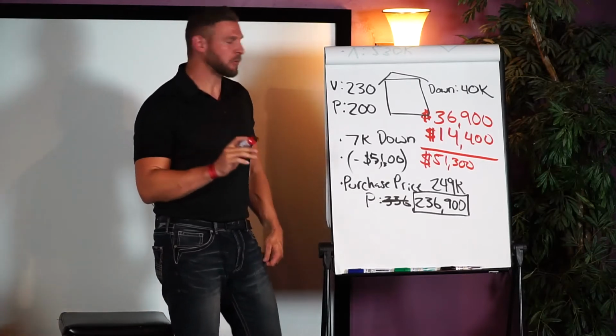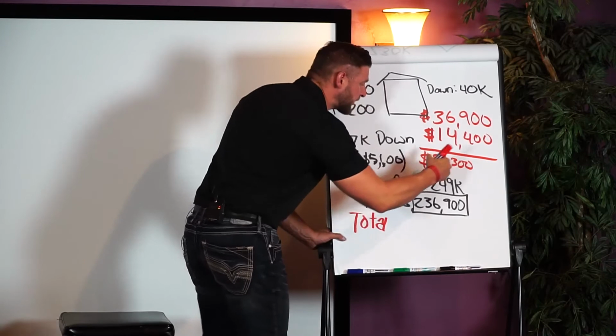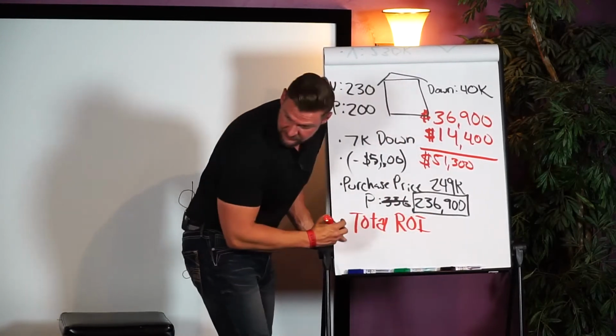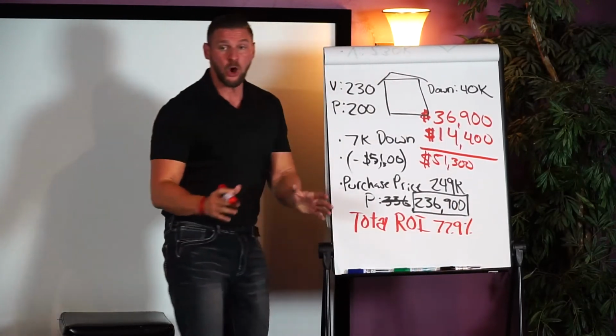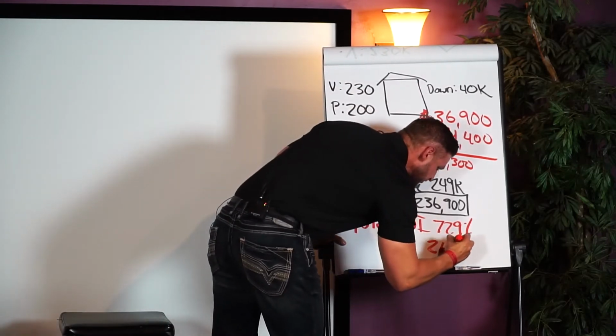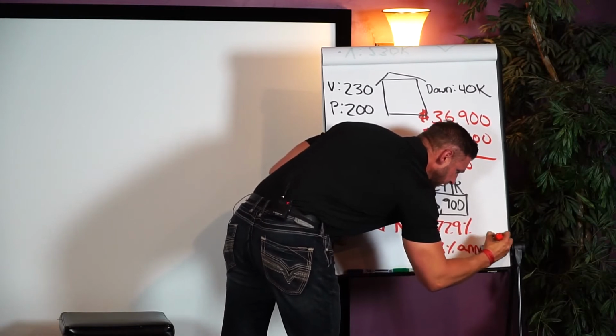We'll get there. What's my total ROI? 51,300. 77.9. Yep. I made 77.9% total, but now divide that by 3. 26. Yep. I made 26% annual on my ROI.